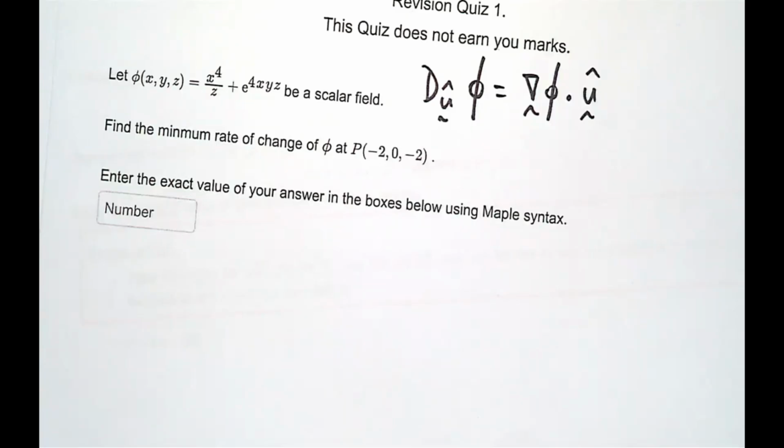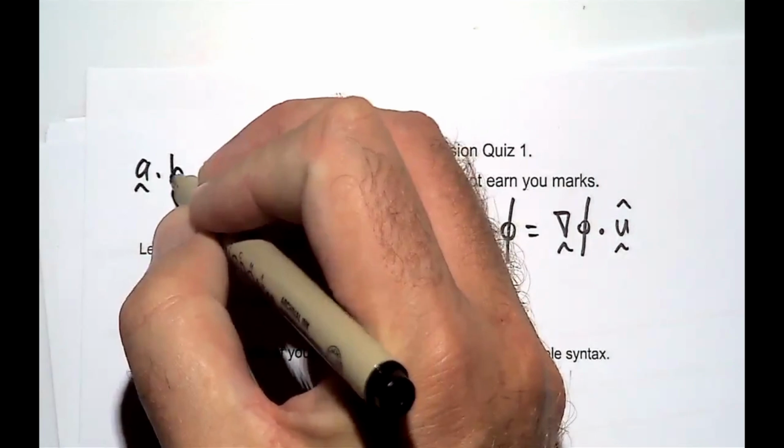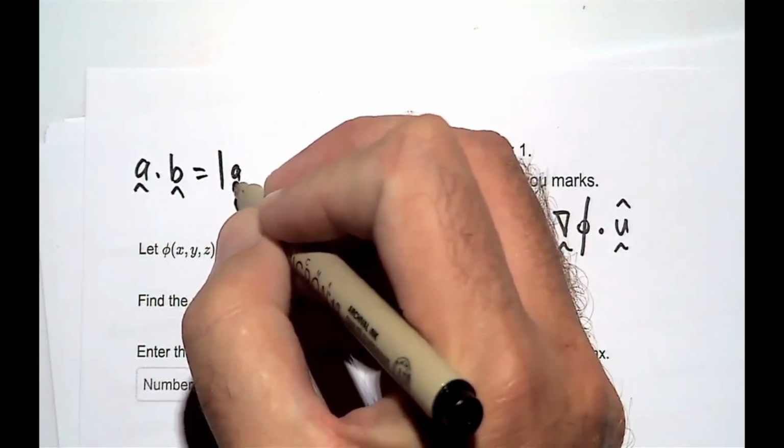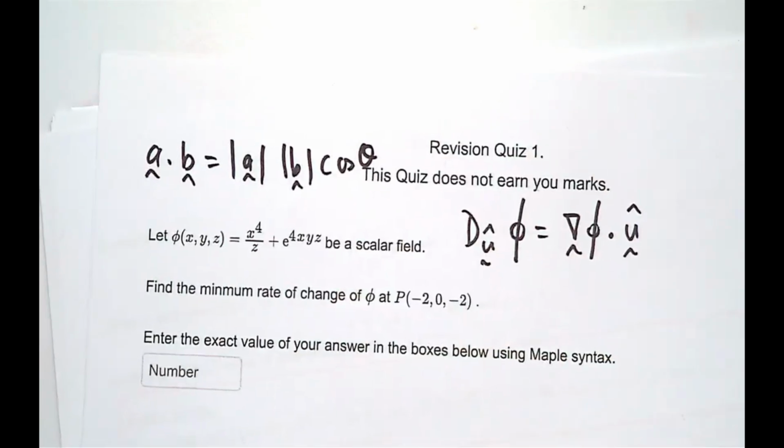Similar, right? So let's take all that information and go, okay, math 1131. We know if you have two vectors, A dot B, remember that?